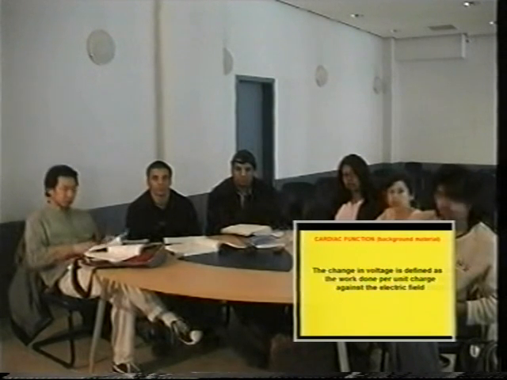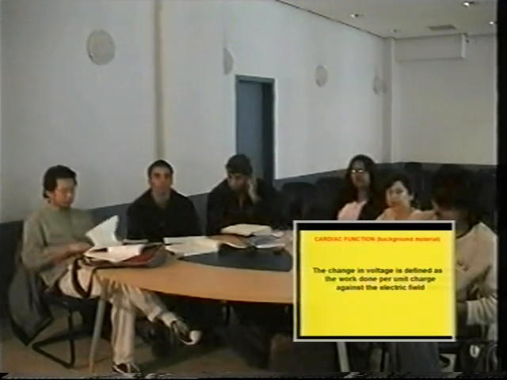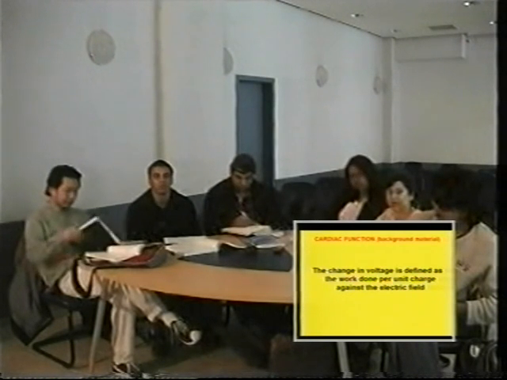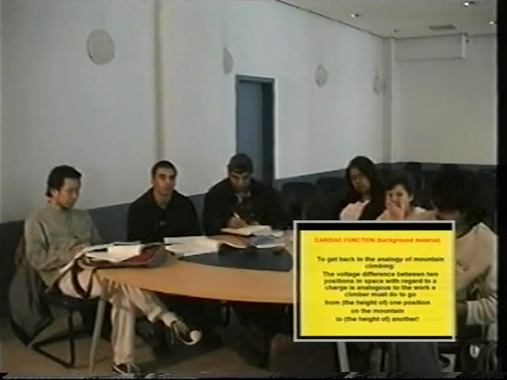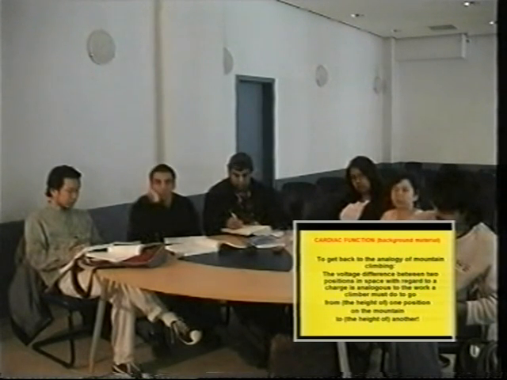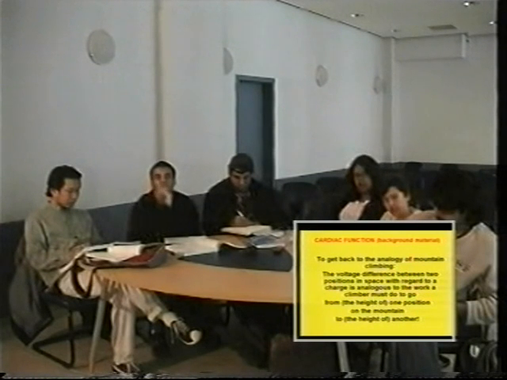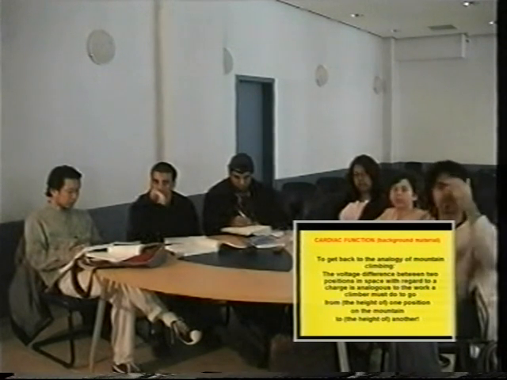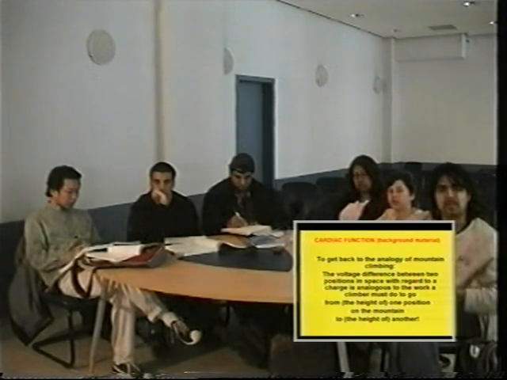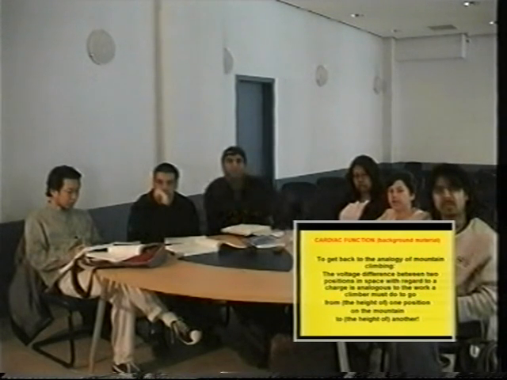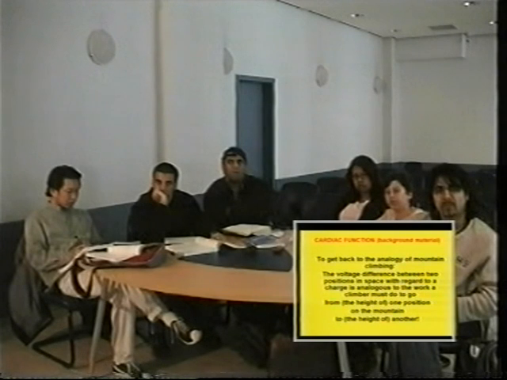So, a change in voltage is defined, as we said already, as the work done per unit charge against the electric field. It is, as we said, like climbing a mountain. And to get back to the analogy, the voltage difference between two positions in space is analogous to the work a climber must do in order to go from one height to another height on a mountain.